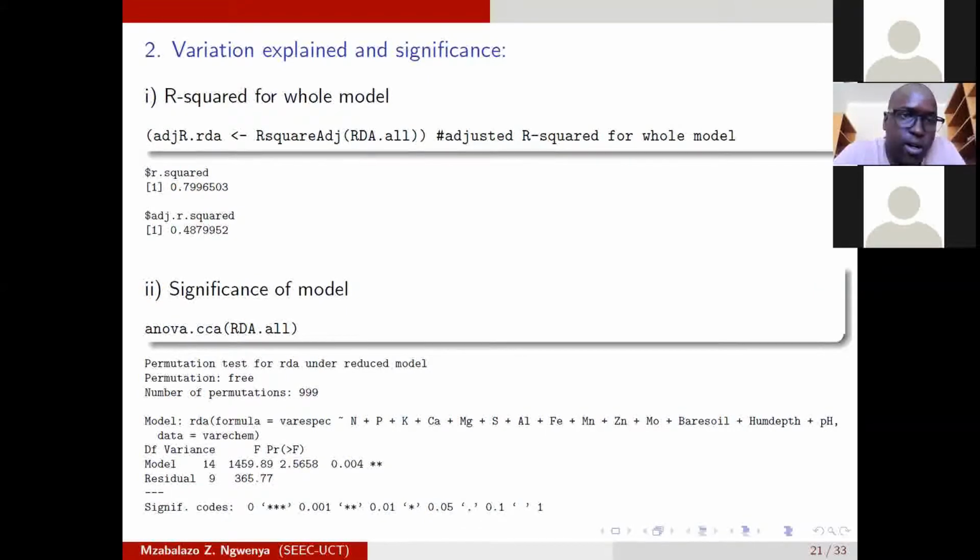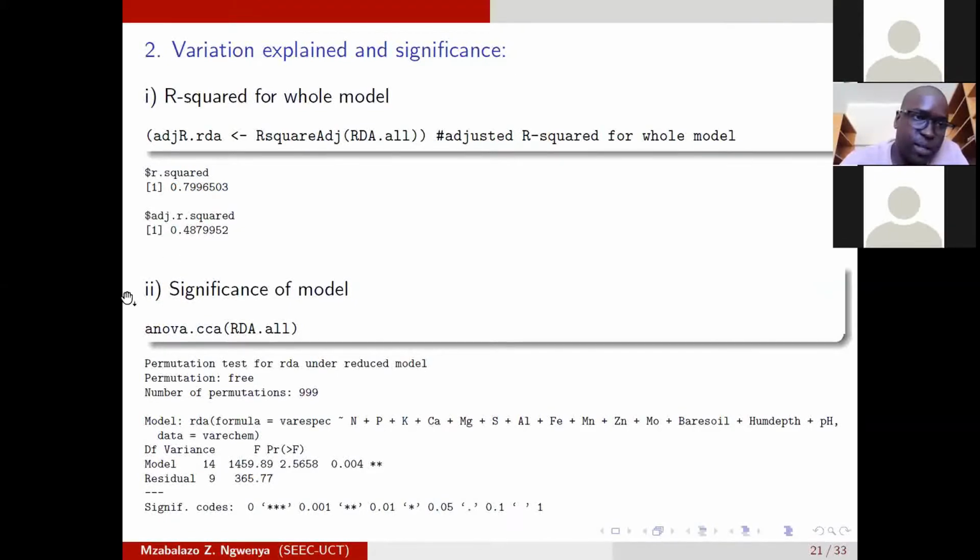So when you're interpreting the significance of your whole model, always use your adjusted R squared. We get a value of 0.488 there.